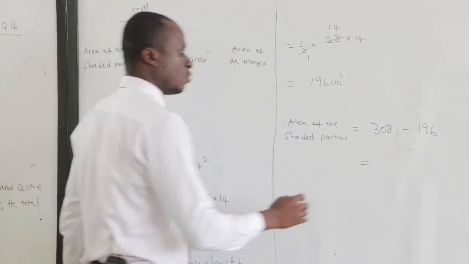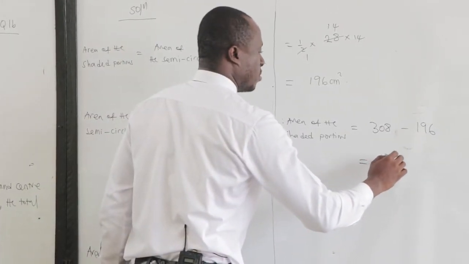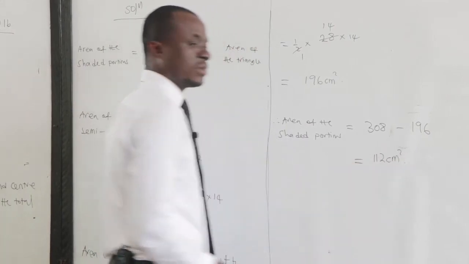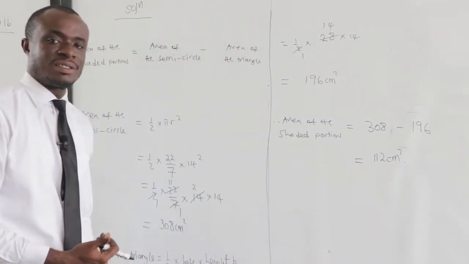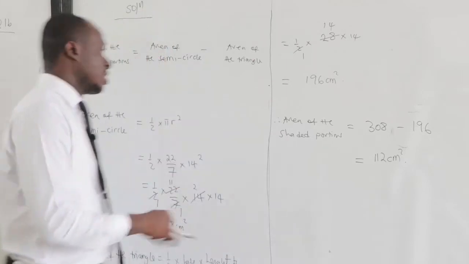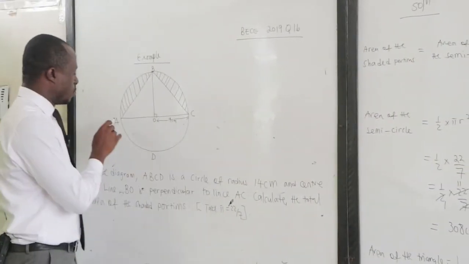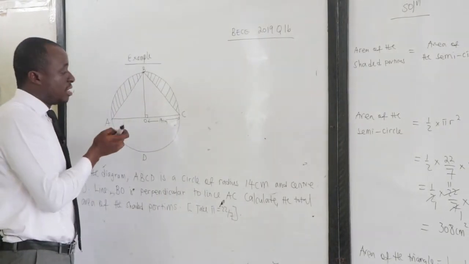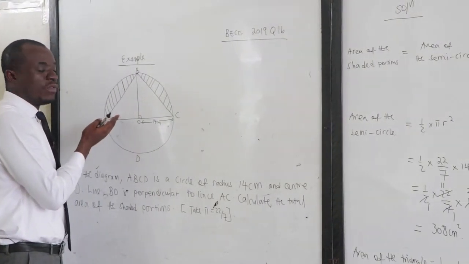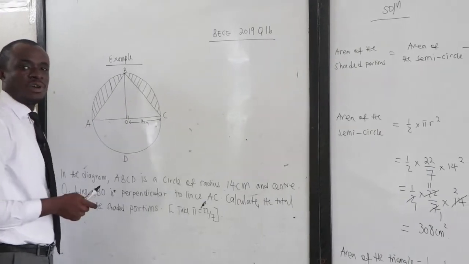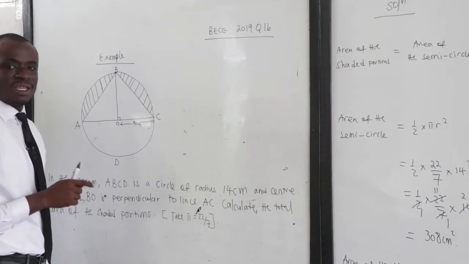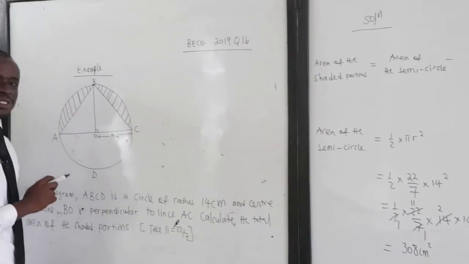Clearly, this will give us 112 centimeters square. I believe it is an easy question. So we consider the area of the whole semicircle minus the area of the triangle. That gave us the area of the shaded portion.